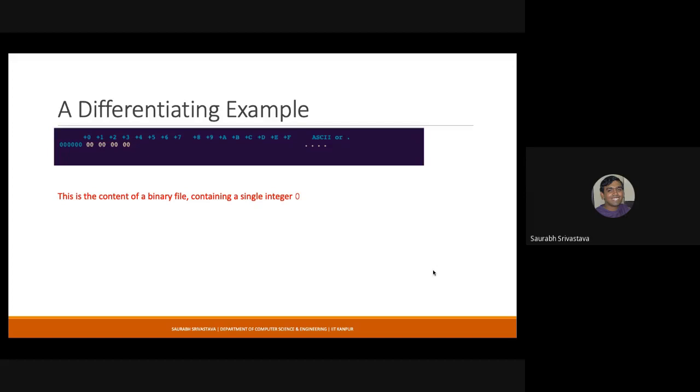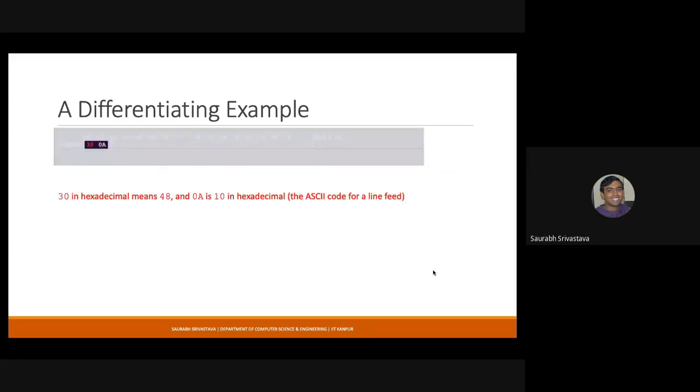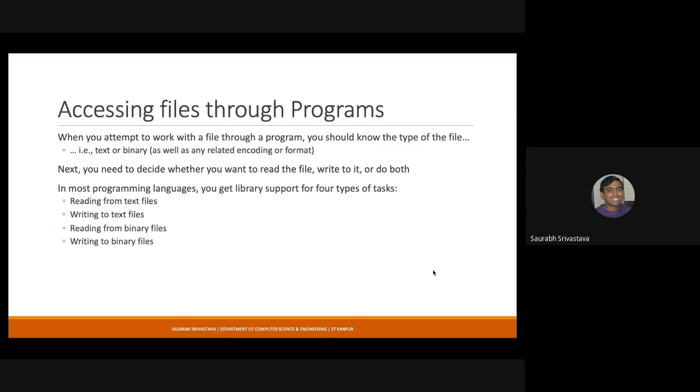This is basically 4 bytes of data, 0 0 0 0 0 0. This is 0 as an integer, and here when I'm trying to store 0 as a character, this is essentially 48, right? 48 is the ASCII code of 0, the digit. Okay.